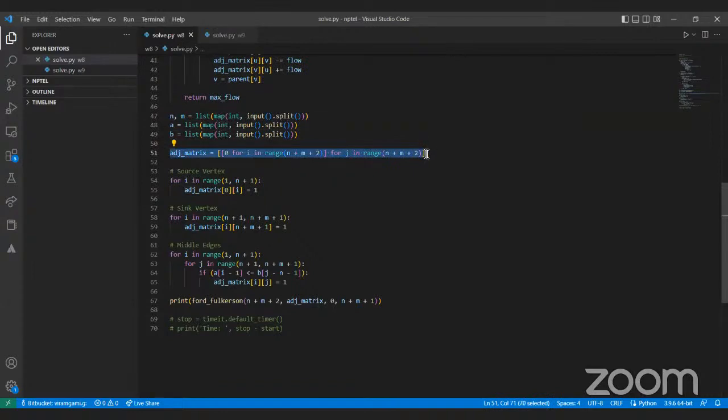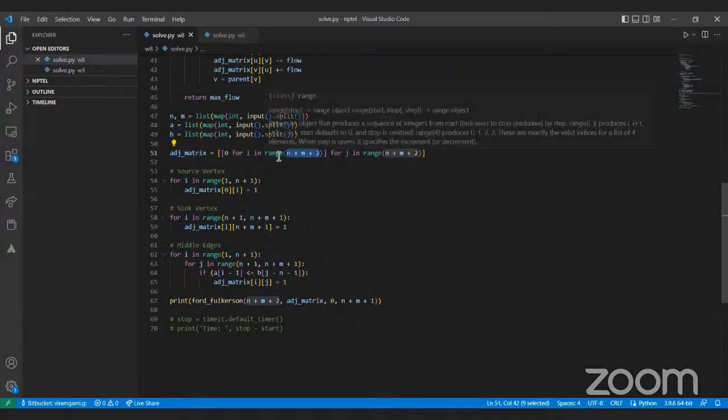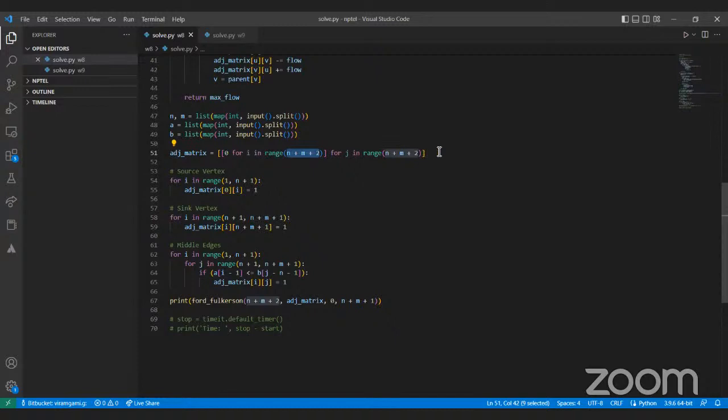So the total number of vertices will be the number of courses plus the number of classrooms plus the source vertex plus the sink vertex. So n plus m plus 2 additional vertices, which are S and T, the source and sink vertices. So I'm creating an adjacency matrix of size n plus m plus 2 cross n plus m plus 2.